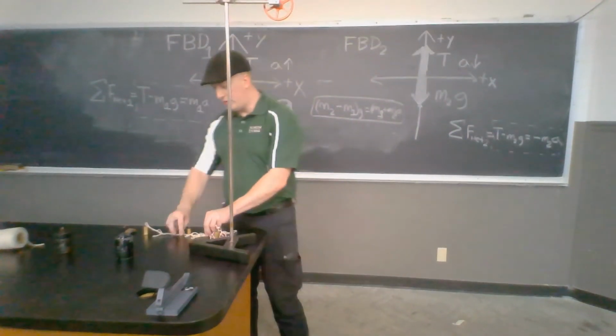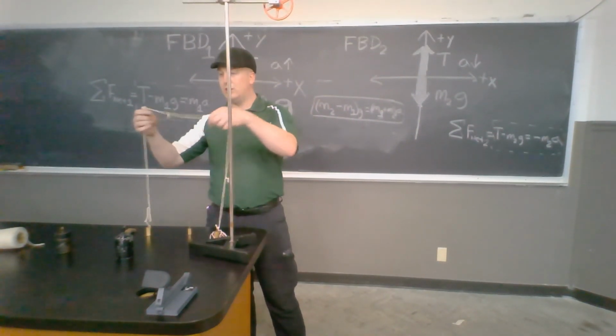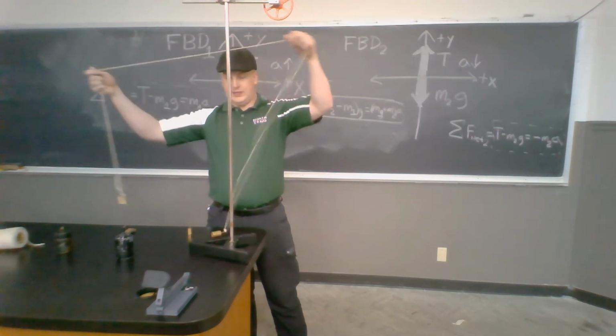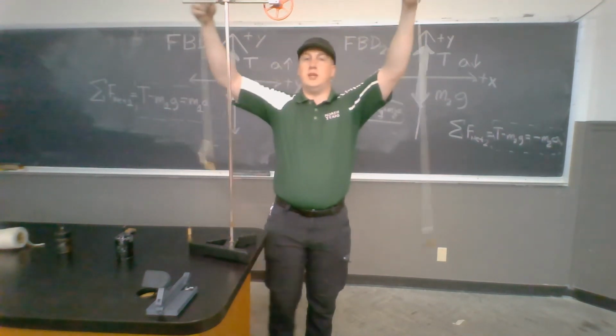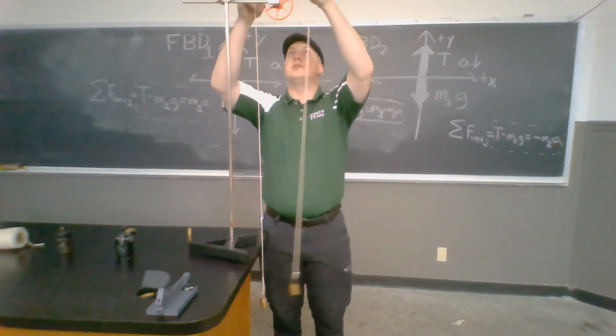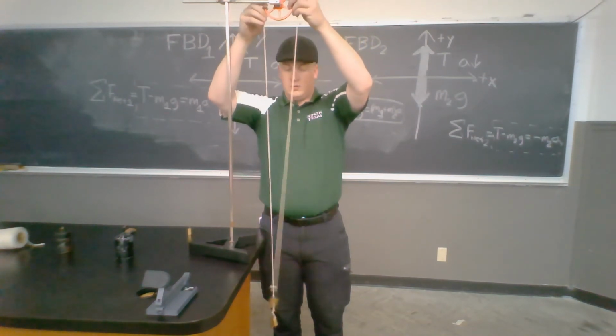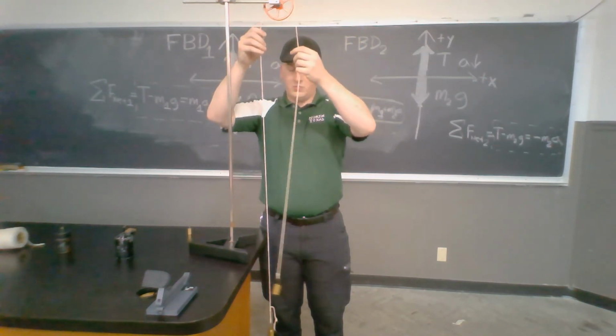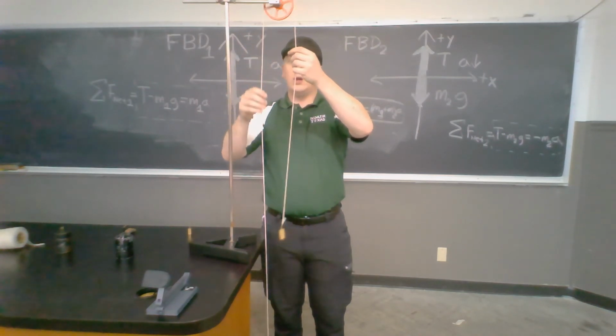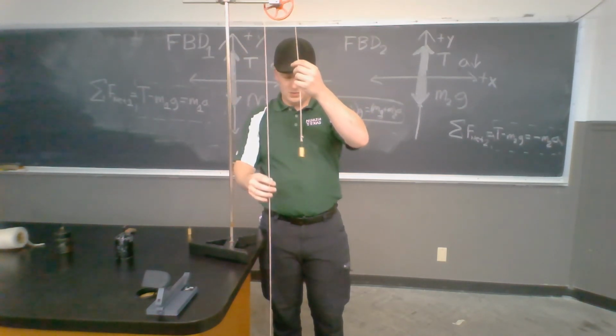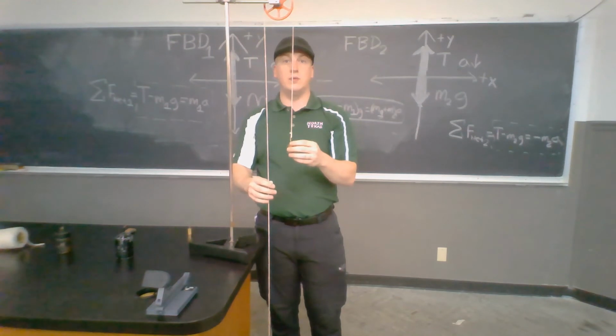First I'm just going to put the strings on, because this is a little bit difficult because of our pulley and the width of our string. Now I'm going to put one of these masses high up, and the other one almost touching the ground.